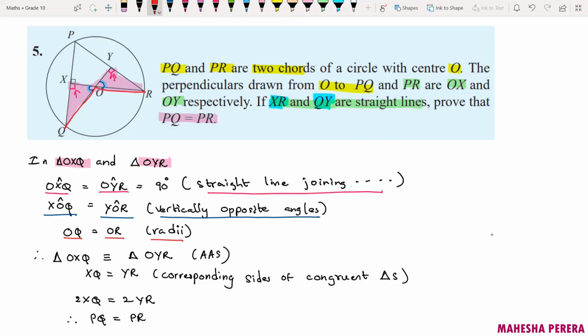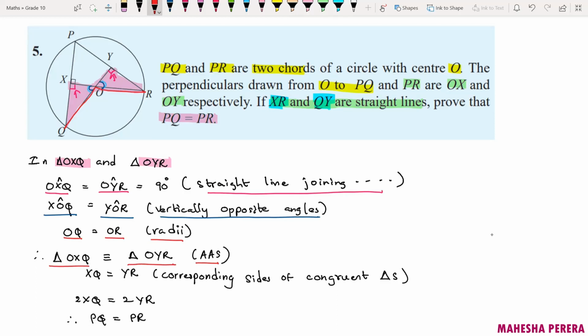right? Then, yes, we can see that there are two pairs of angles and one pair of side. So under the case AAS, angle, angle, side, these two triangles are congruent, right?